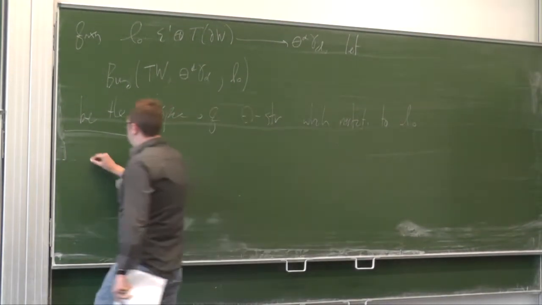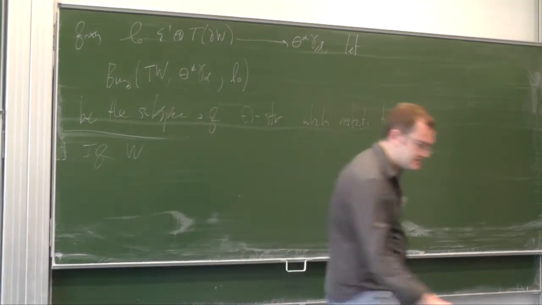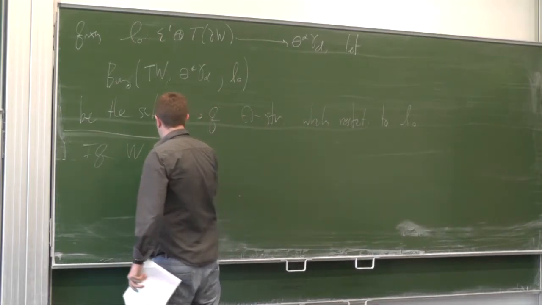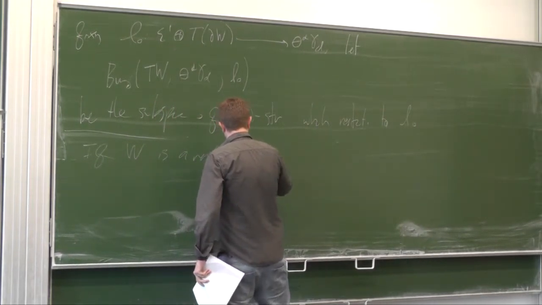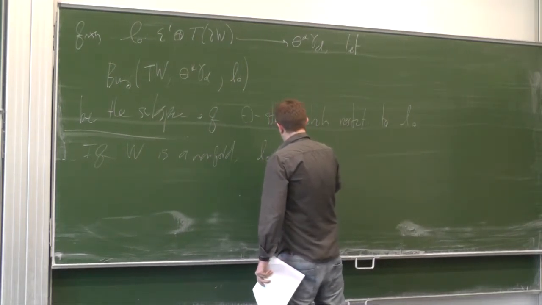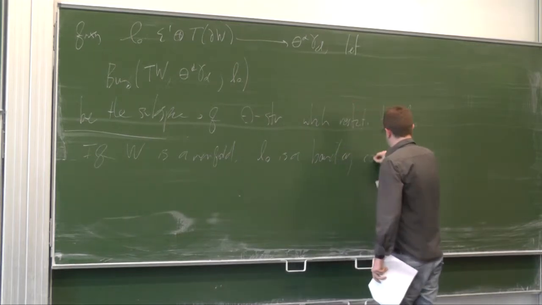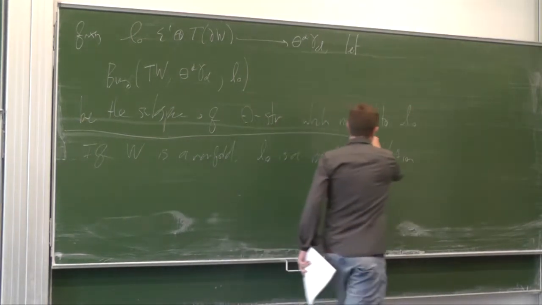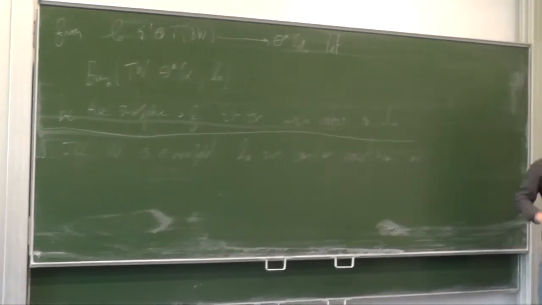So now, if W is the manifold and L_W is the boundary condition, I want to fix one more piece of data, which is a contractible choice.